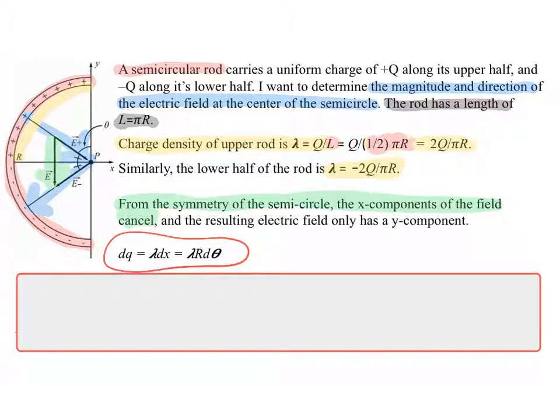So then we go from dx to r d theta. So let's be careful. You know, dx is going to be some little chunk here.